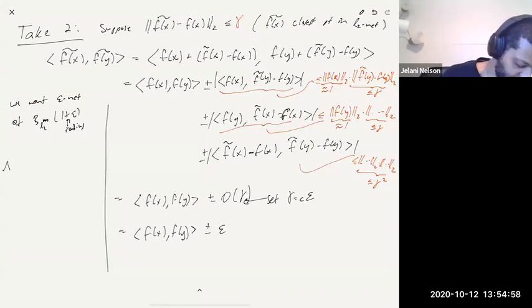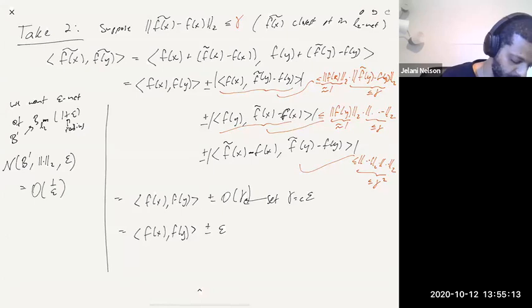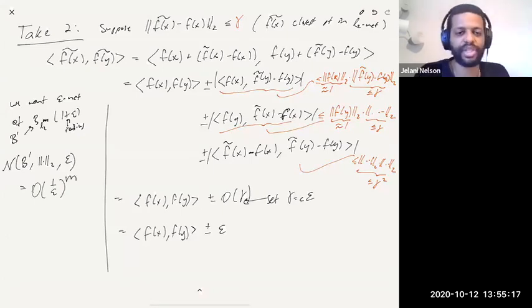Okay. So the bottom line is that the entropy number of this ball, let's call it B prime because it's the net, under the L2 norm with quality epsilon, is big O of 1 over epsilon raised to the dimension, which for us is M. All of this is happening in dimension M, right?